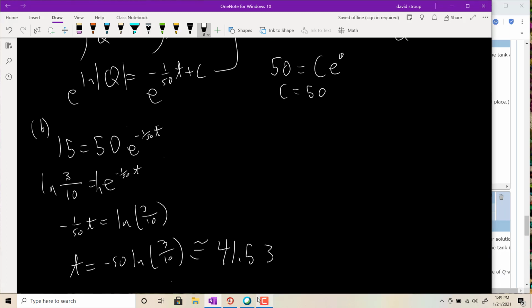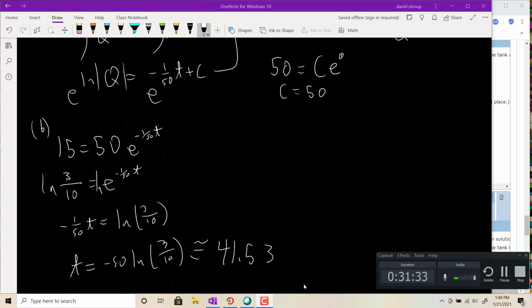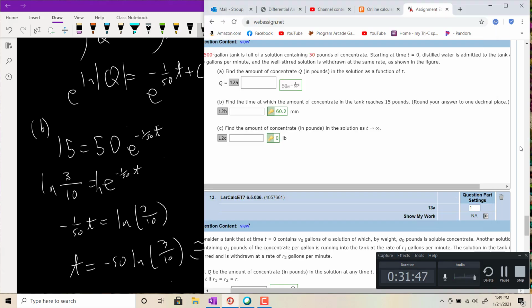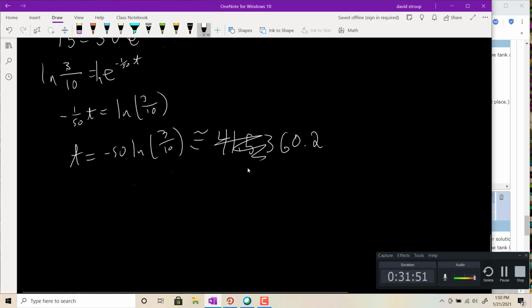Oh, I just put it in my calculator wrong. That's all I did. All right, hold on. 60.2, right? Yeah, and that should be right then. 60.2.